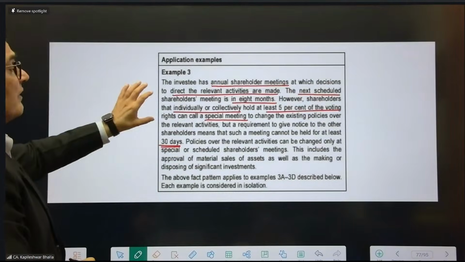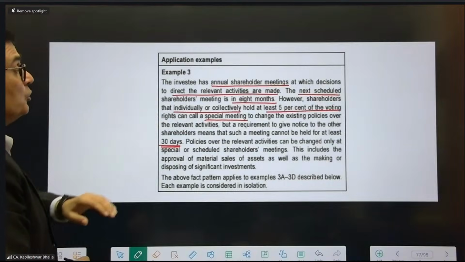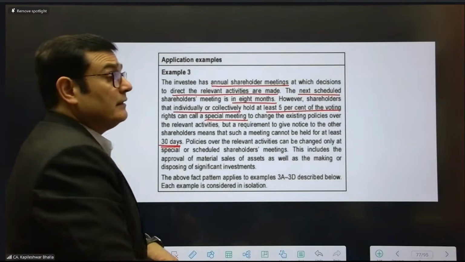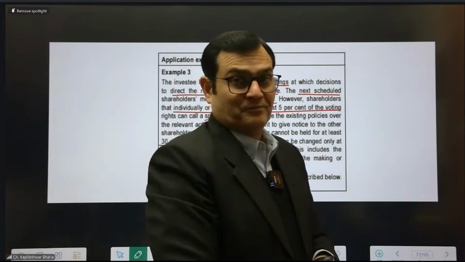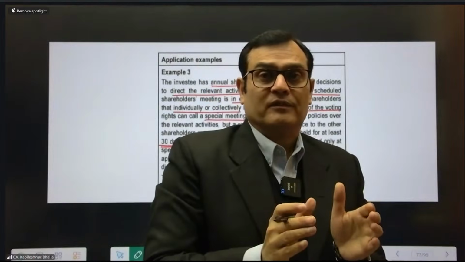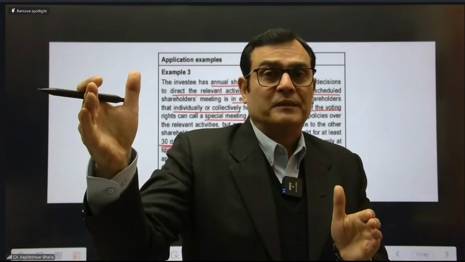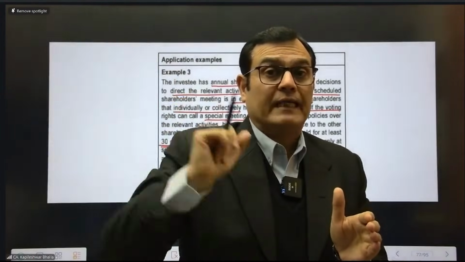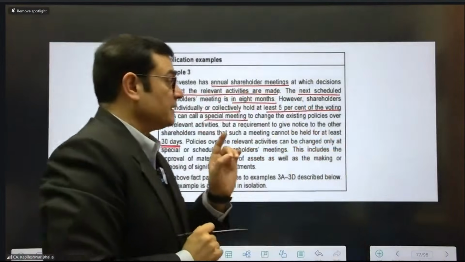Which means instead of having this meeting 8 months later, you can also have this meeting in the next 30 days itself. If you give a special notice to everybody, then you can conduct this meeting where decisions on relevant activities will be taken in the next 30 days.